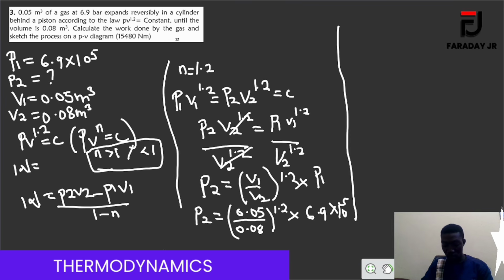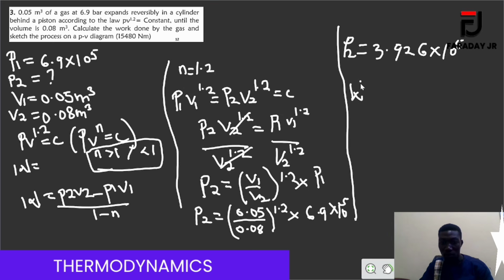So let's do it together. We get our P2 to be equal to 3.926 times 10 raised to the power 5. Now we substitute it into the given equation.